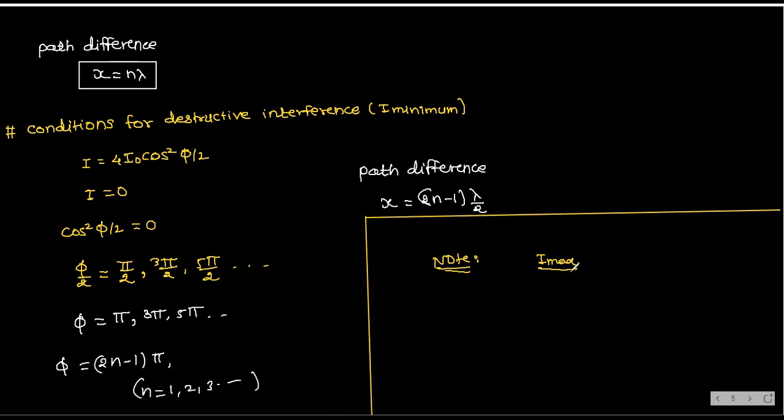I maximum by I minimum is equal to, or directly proportional to, a naught plus b naught whole square divided by a naught minus b naught whole square.